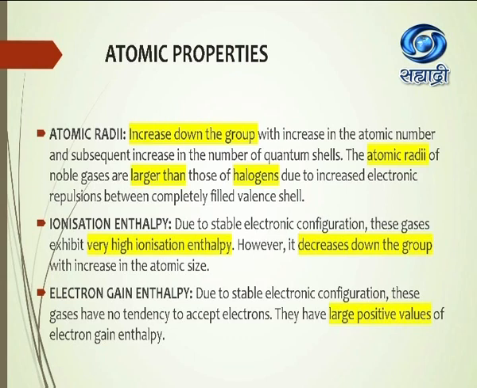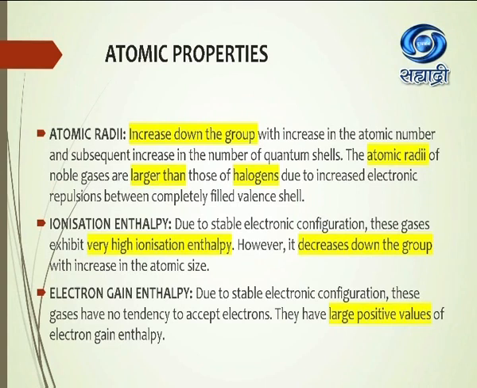Now the next point is atomic properties. The very first is atomic radii. Atomic radii increases down the group with increase in the atomic number and subsequent increase in the number of the quantum shells. This part is similar to those of the earlier groups. So as we move down the group, atomic number increases and electrons are added in the various quantum shells.